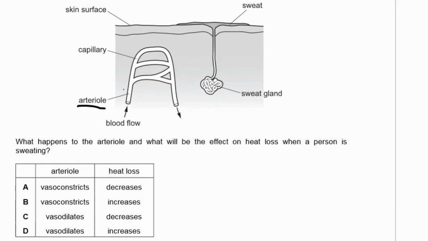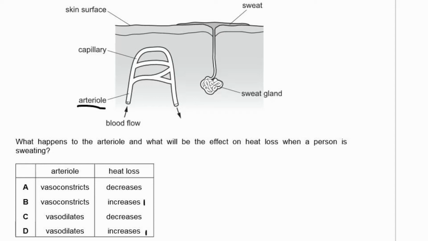Okay, so when you're sweating, first thing you have to think about, do you want to lose heat or do you want to gain heat? Well, you sweat because you're hot and you want to lose heat. So heat loss, you want to increase the amount of heat loss. So the answer there is one of those two.